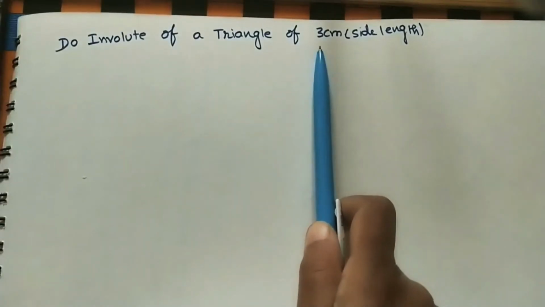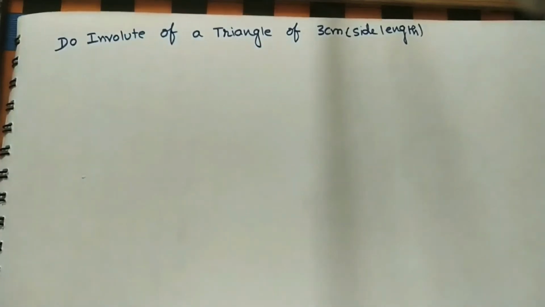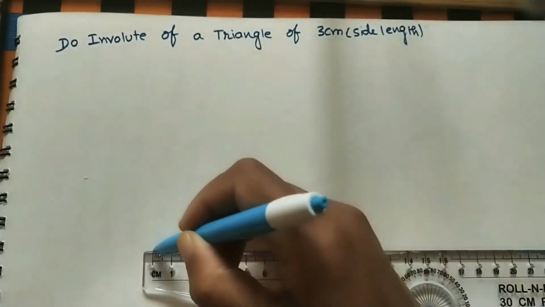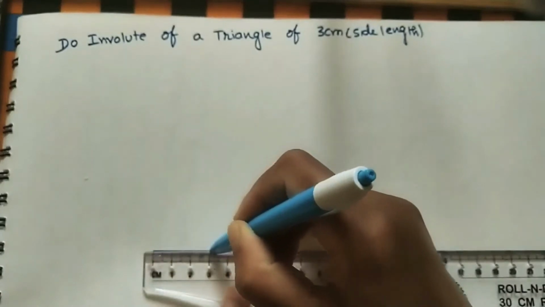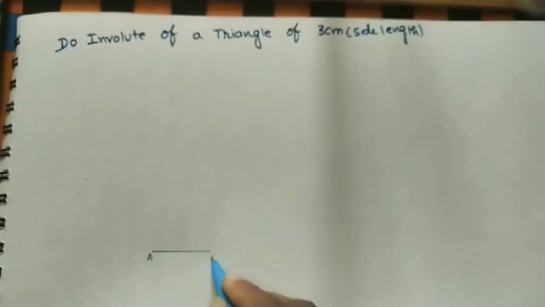Now we discuss draw an involute of a triangle, side length is 30 mm.